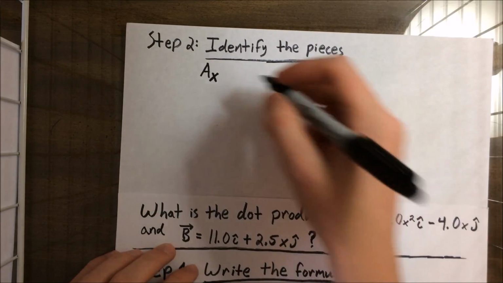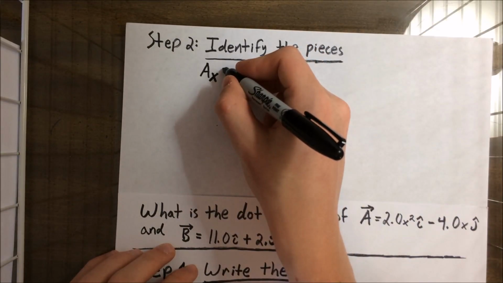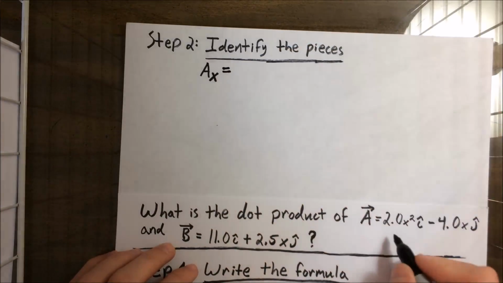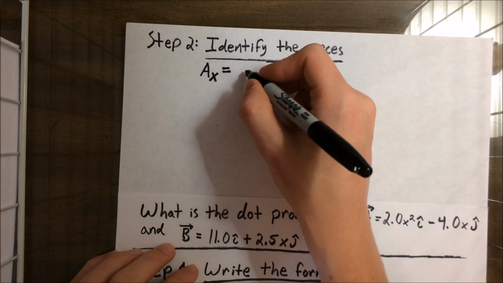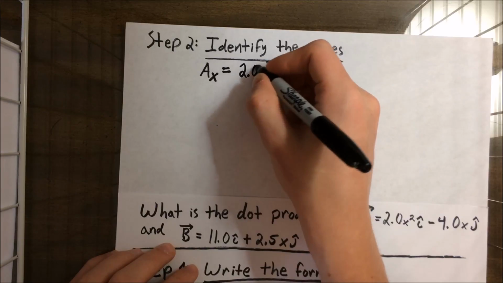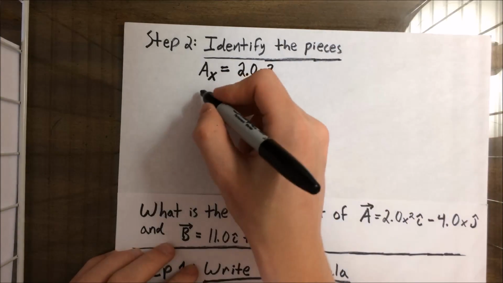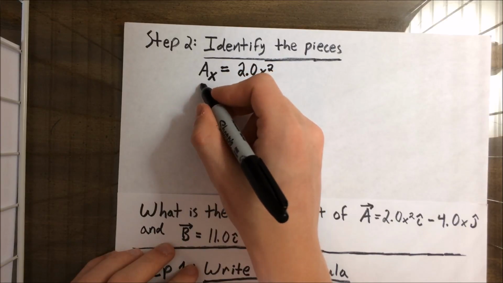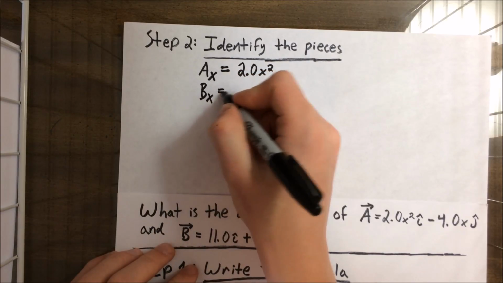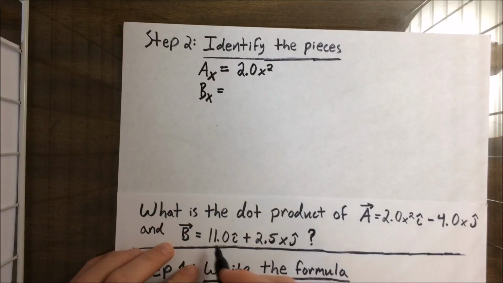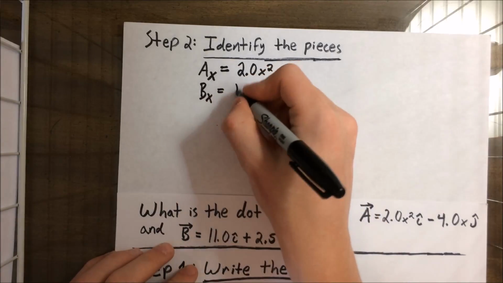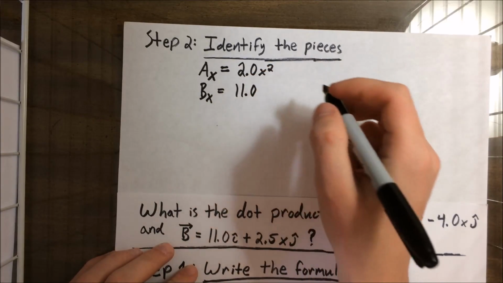In the x direction, a sub x is equal to 2.0x squared. So that's the i hat portion. Then b sub x is equal to right here, 11.0.